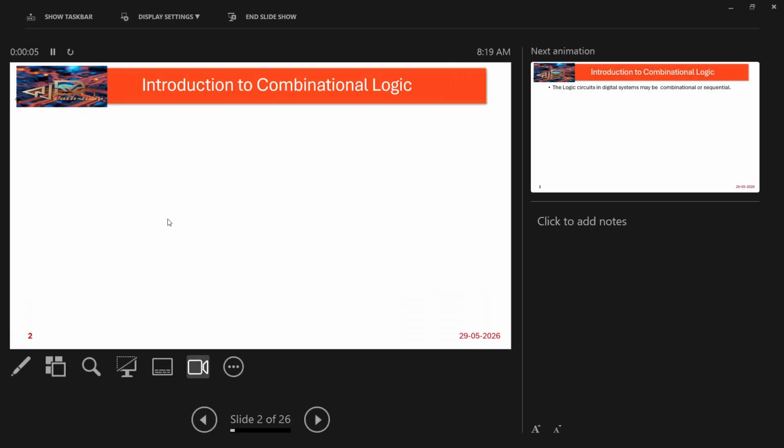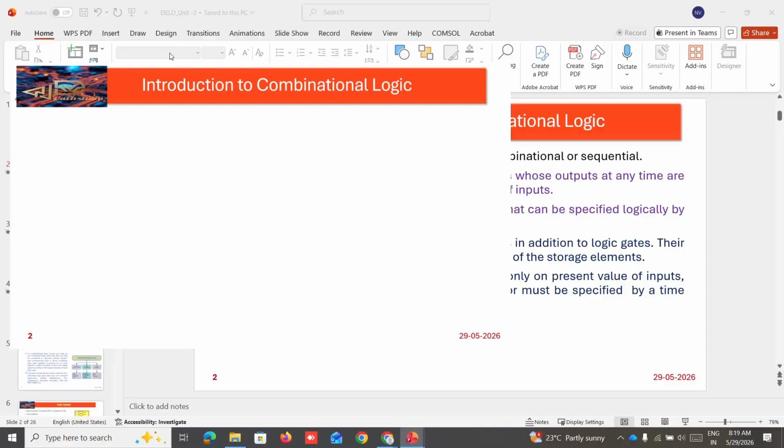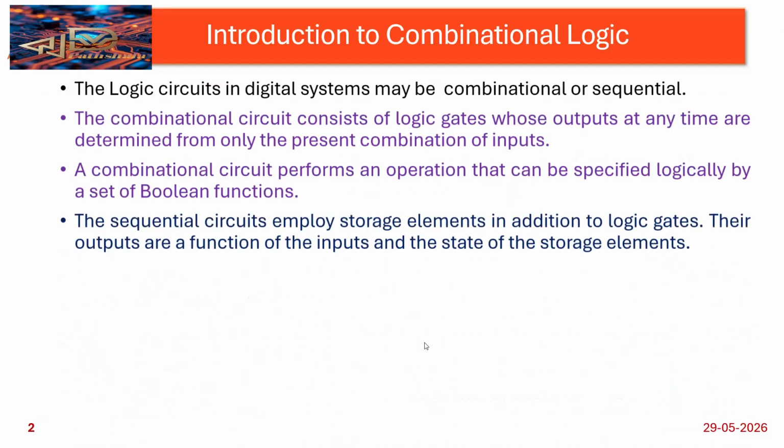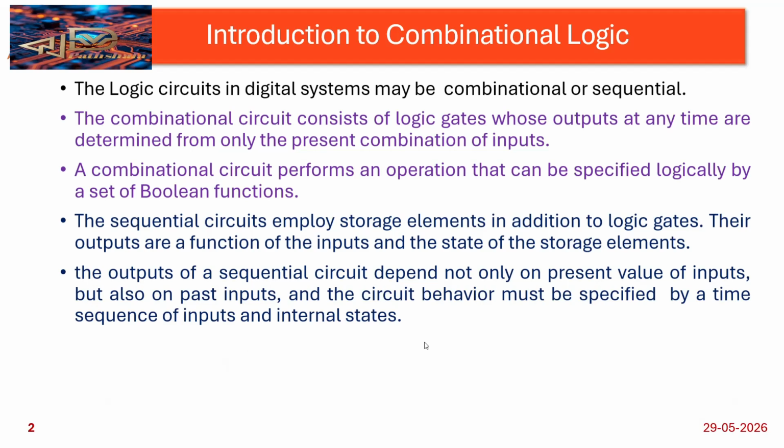This is the main difference between combinational and sequential circuits. Combinational circuits don't depend upon any previous values, but in sequential circuits the output always depends upon the present and previous values. So we need the present input and past input to get the output, because it has some memory elements. Clear?